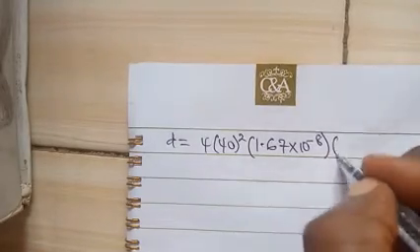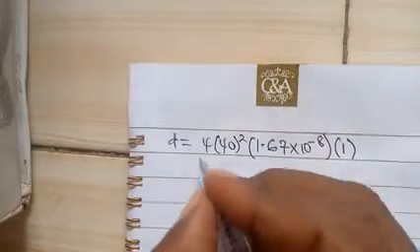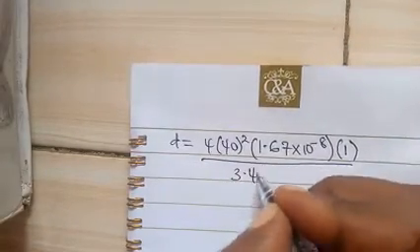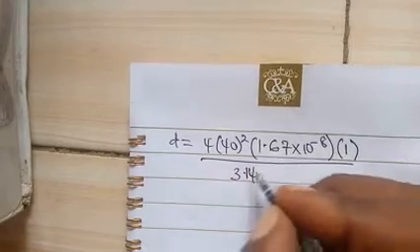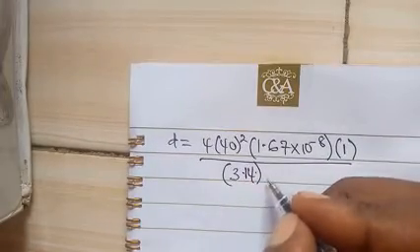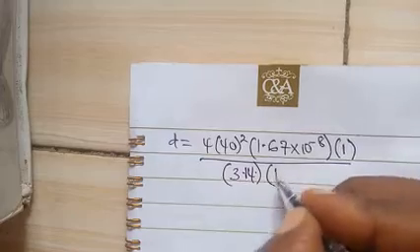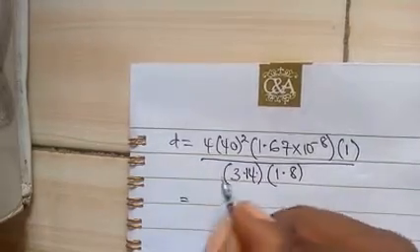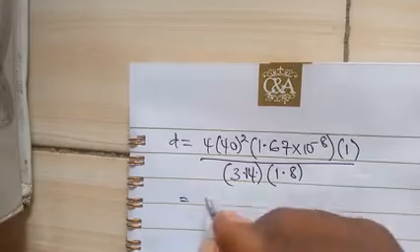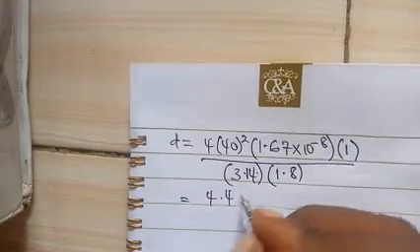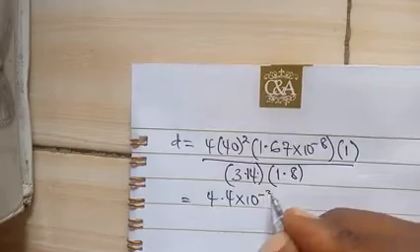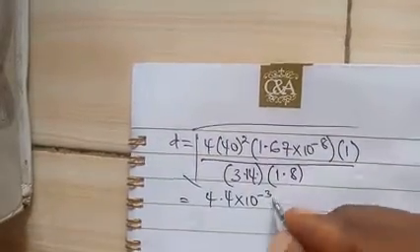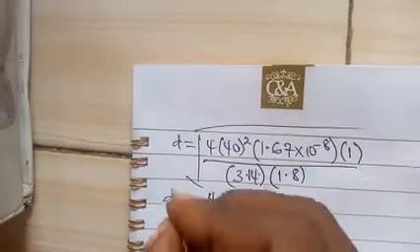Then the length, 1 meter, over pi, which is a constant as well, 3.142, times the power given to us, 1.8 watts. So if we calculate everything with a calculator, we're going to have 4.4 times 10 raised to power minus 3. Remember the square root. Meter. So this is the diameter.